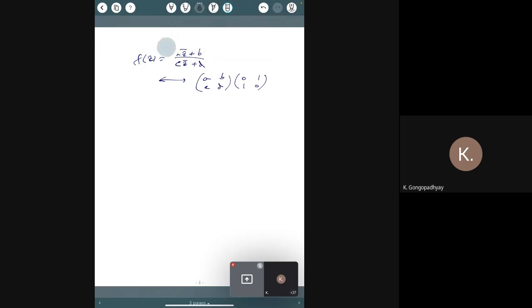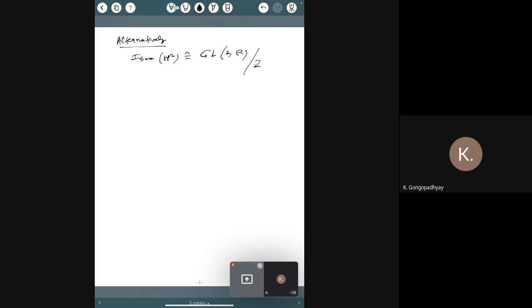So the point is that, or alternatively, what Bankaras is saying, is that the isometry of H2 you can identify with GL2R modulo center of GL2R, which is the same as SL2R mod... So GL2R has two components, right?